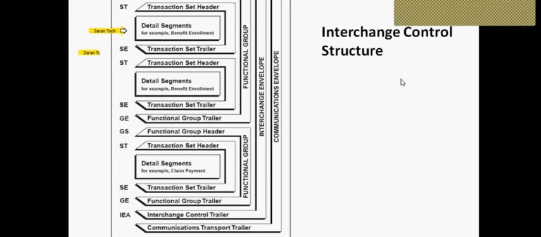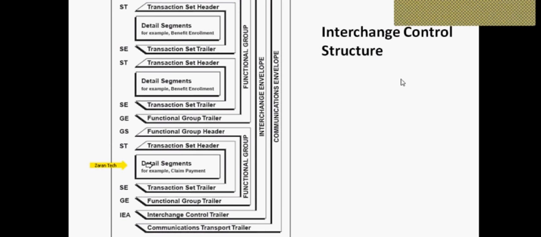If there is another hospital, for example Johns Hopkins Hospital, then all such claims are within another segment between ST and SE. If there is another hospital, then it will be under another detailed segment between ST and SE, right? That is how the different segments are put together. And you might be wondering why there are all such different hospital claims.